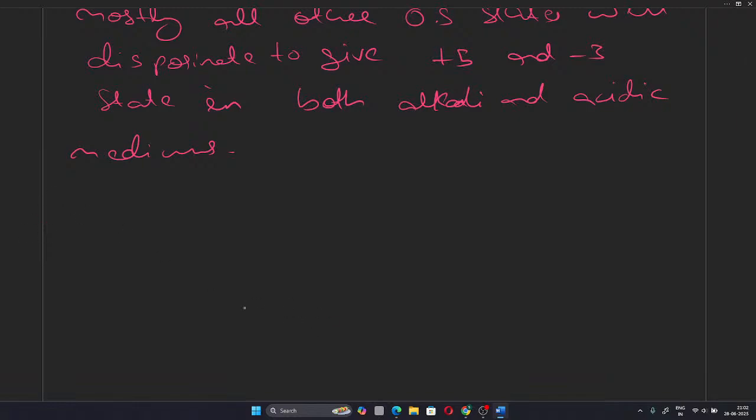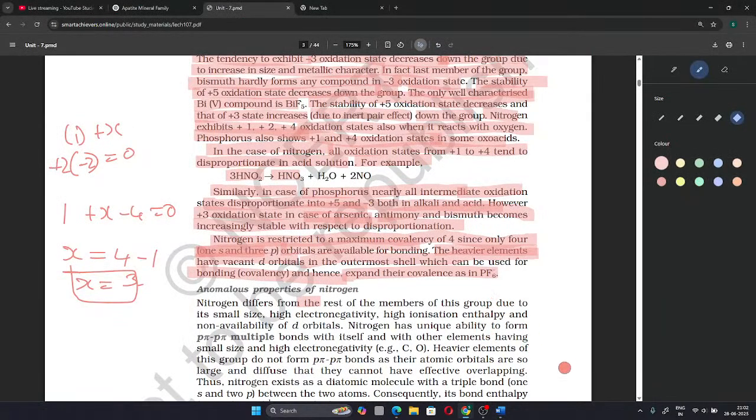And phosphorus valency is not limited to 5. It can actually form species like PF6 by expanding their valency.